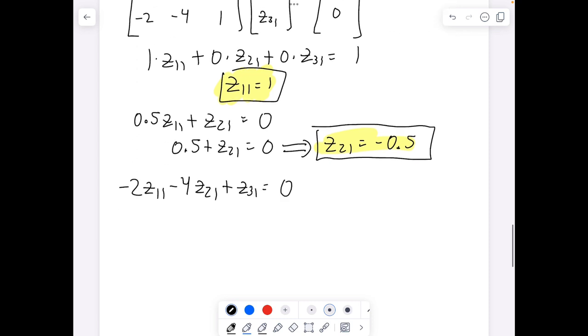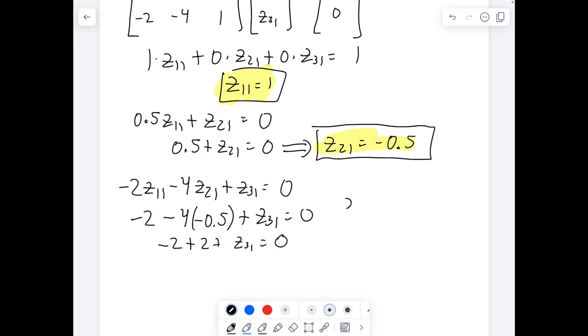And the last one is negative 2 Z11 minus 4 Z21 plus Z31 is equal to 0. Let's plug in our numbers here. This is negative 2 times 1 minus 4 times negative 0.5 plus Z31 is equal to 0. This is minus 2, and you have negative 4 times negative a half, that's going to be plus 2, plus Z31 equals 0. That says that Z31 is 0.